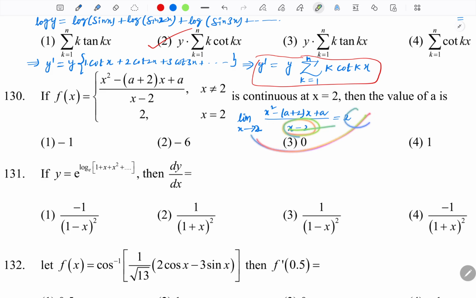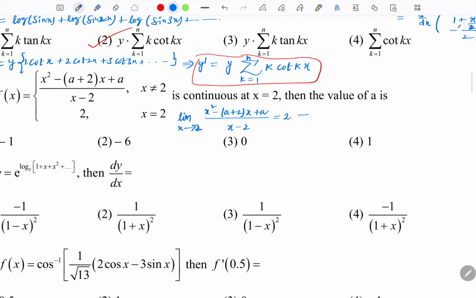Now I am taking simply this x minus 2, it will go to the same limit. If you apply the limit, this clearly comes to 0. 2 minus 2 goes to 0. 2 into anything, 0 into anything, 0, right? Now from this one, limit x tends to 2 of x square minus of a plus 2 times x plus a equals limit x tends to 2 of x minus 2 into 2 times this side, where the limit goes to 0.